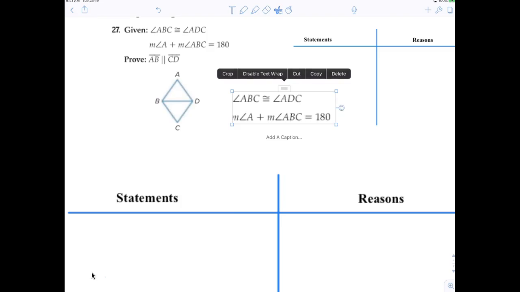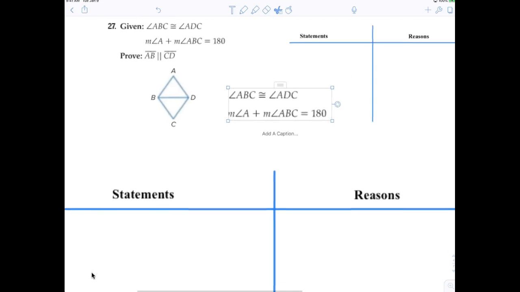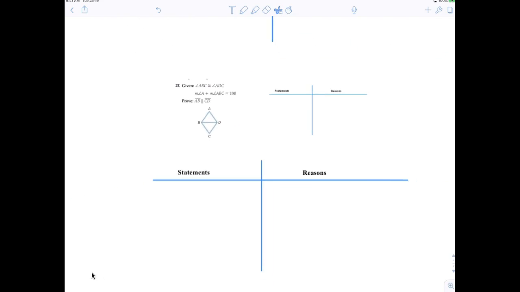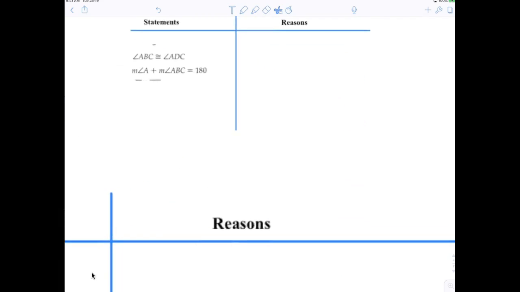For whatever reason, it won't let me go smaller. I hate when it does that. All right, hold on. Gotta fix that. Okay, that's better. All right, I think we can go from there.